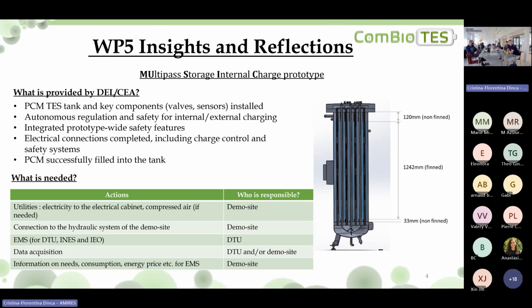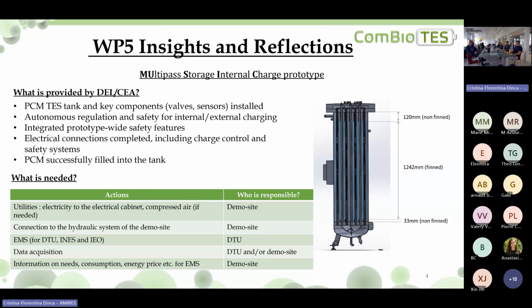Some integrated safety features, some electrical connections made by a subcontractor of CEA, and the tank was filled by CEA also, and then it was delivered to partners to connect to their own utilities, electricity, compressed air. So that means that we have interfaces. We have to make some hydraulic connections.